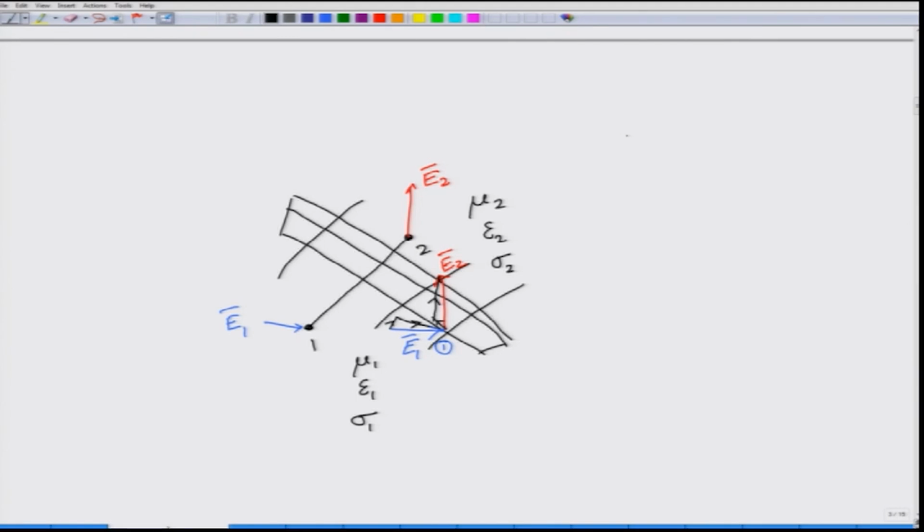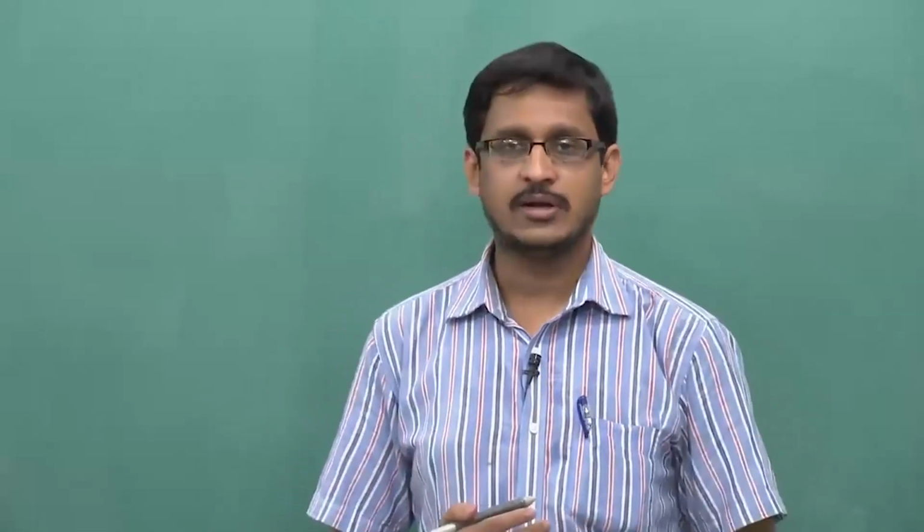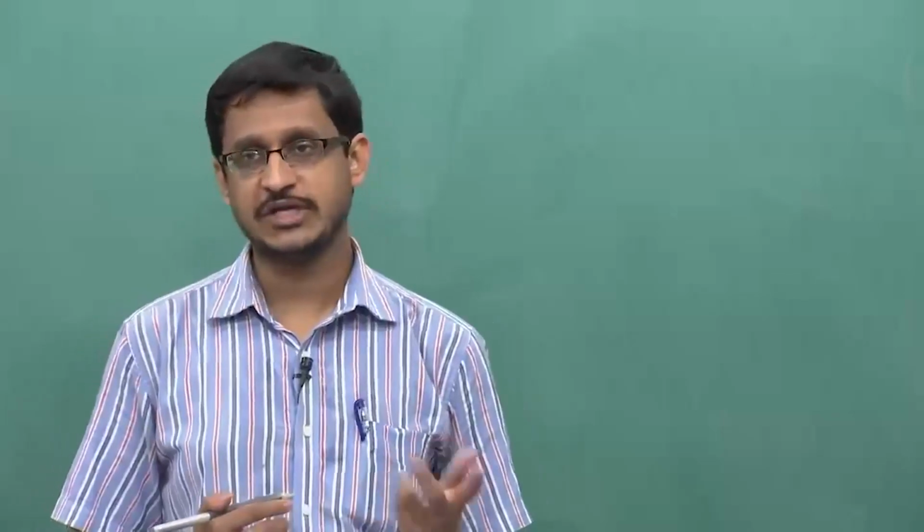Now, one of the equations that we have at our hand is the equation which says integral of E dot dl is equal to minus del magnetic field by del t. So, this is the equation that I have. Unfortunately, if you look back at Maxwell's equation, this is the only equation that I have for electric field E. So, whatever I have to do, I have to use only this equation to understand how the total electric field is changing.